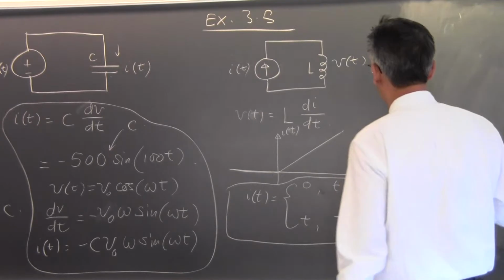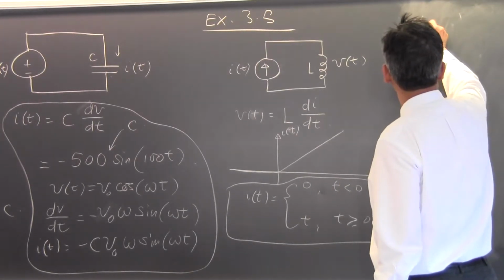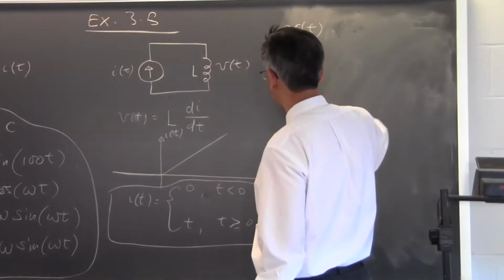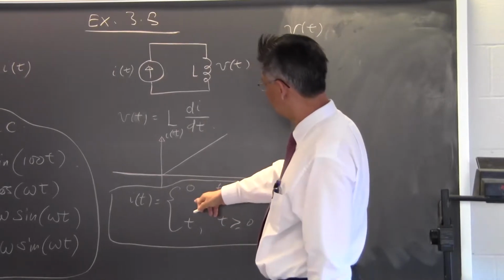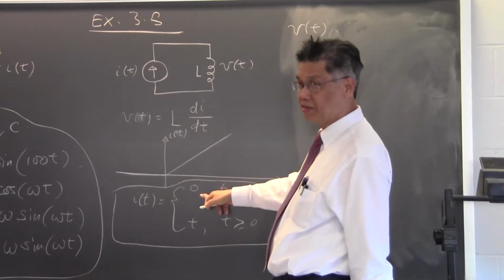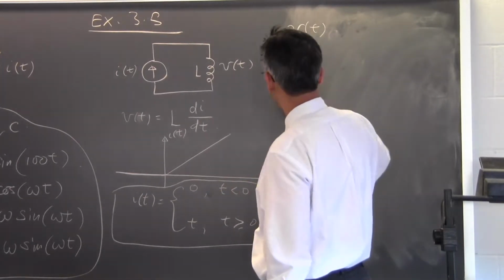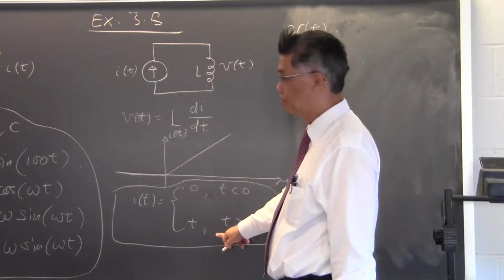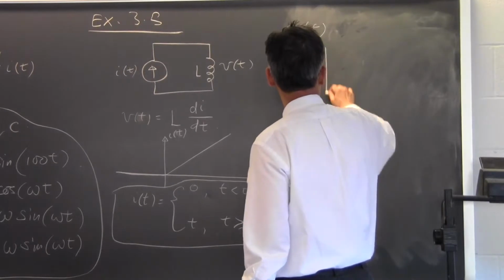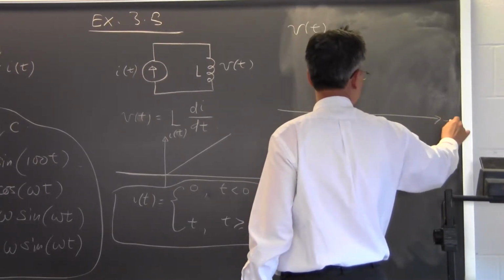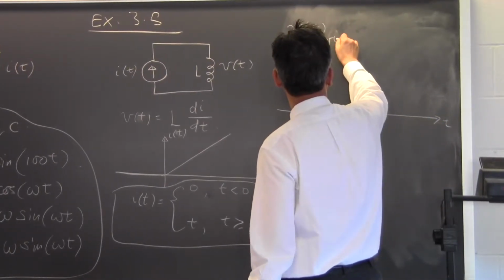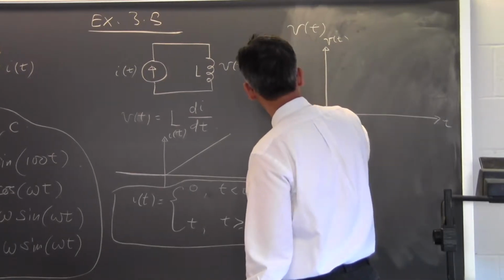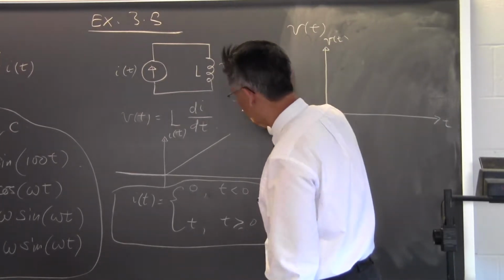And if you differentiate to find out what v of t is, it will be just a differentiate of this. And if you differentiate 0, you get 0 for t less than 0. If you differentiate t, you get 1 for t larger than 0. So the signal here, v of t, will be 0 in the beginning of time, initially.